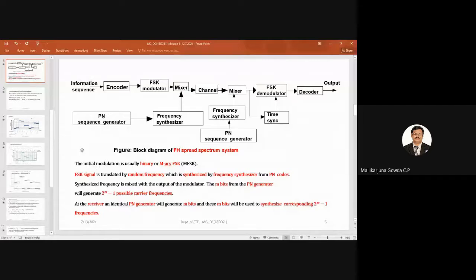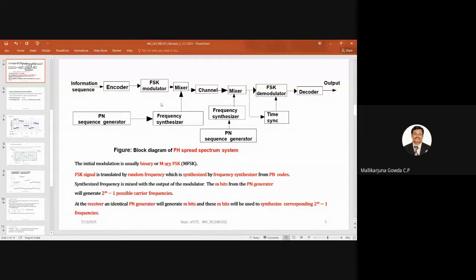I get those frequencies based on the PN sequence. That is why the PN sequence generator is given as input of the frequency synthesizer. So the frequency synthesizer will be generating the frequencies pseudo randomly, and based on this PN sequence, it is going to change the frequency of the carrier signal of this FSK modulated signal pseudo randomly. Okay, so that is how it is done here.